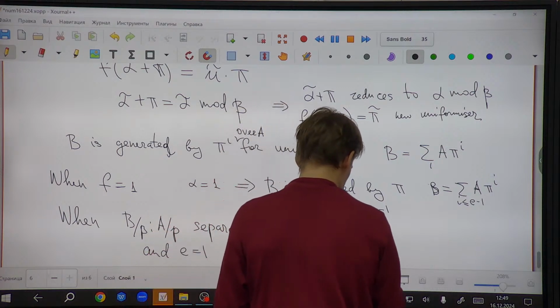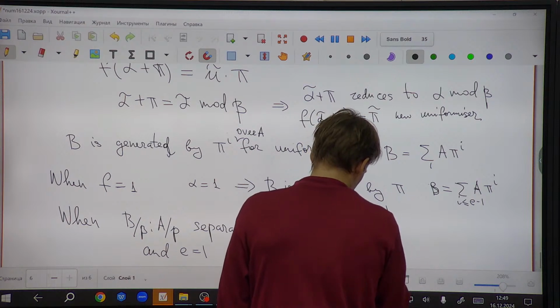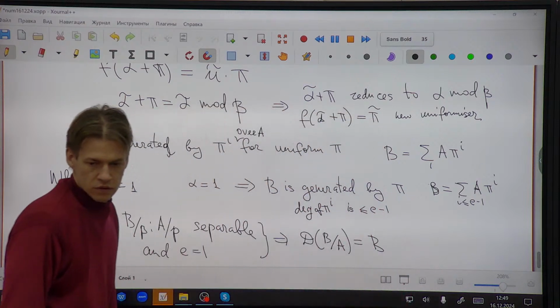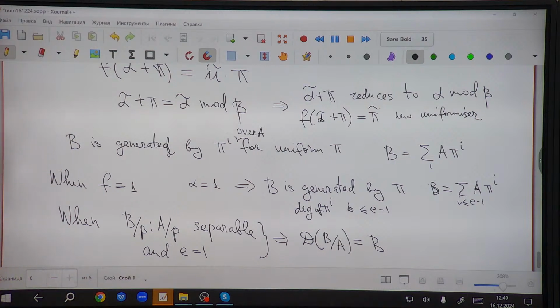It is just B, the whole ring, so it is as large as possible.